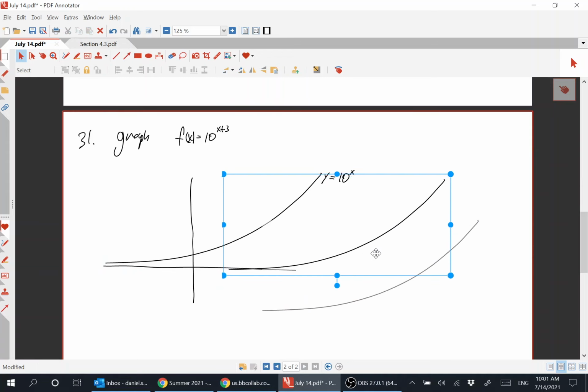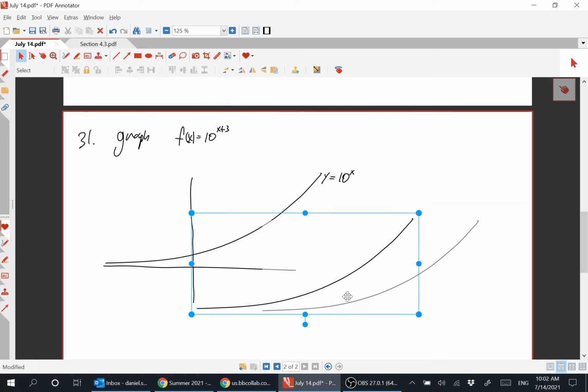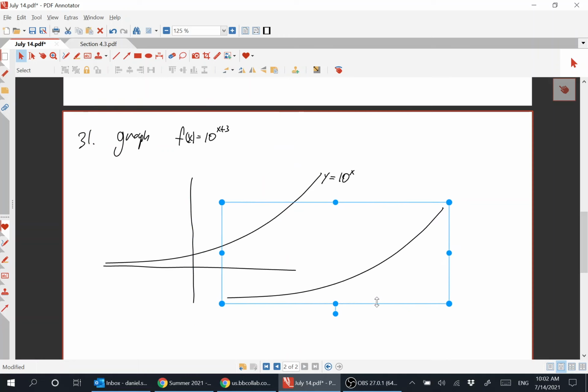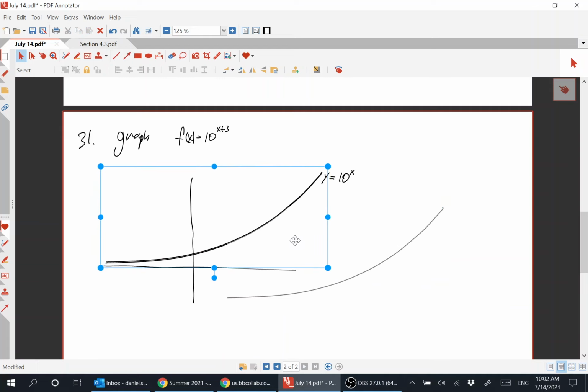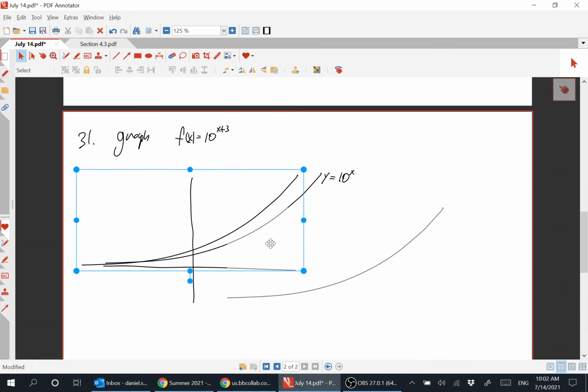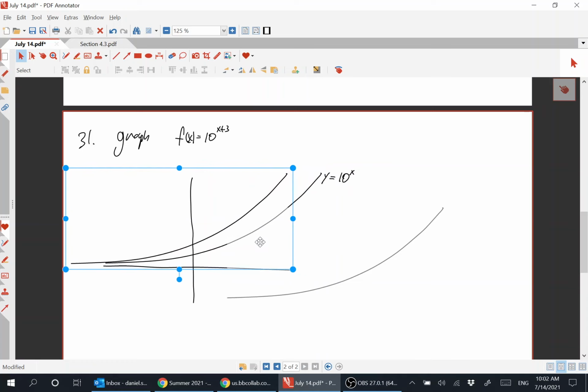I take the graph of 10 to the x and I do what to it to get the graph of 10 to the x plus 3? What do I do? Move it left 3. Shift it left 3 units. 1, 2, 3, like that.